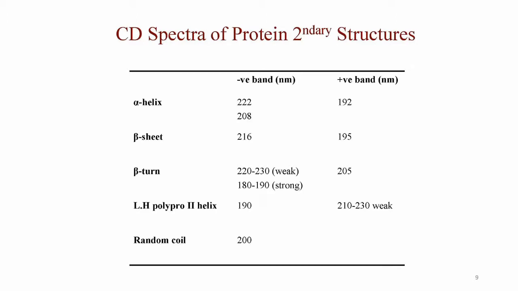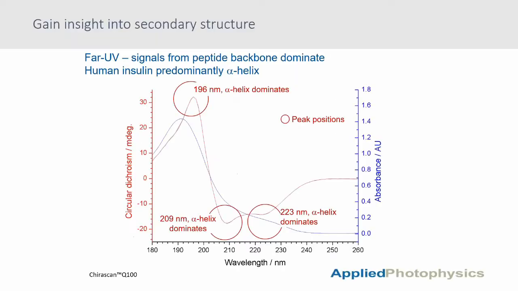Before going into that, if you see the far UV-CD spectrum of proteins, alpha helix has characteristic negative bands and positive bands. Particularly for alpha helix, you should see negative bands at 208 and 222 nanometers, a positive band at 192 nanometers, and similarly for beta and other secondary structures. So here is the circular dichroism spectrum of insulin.